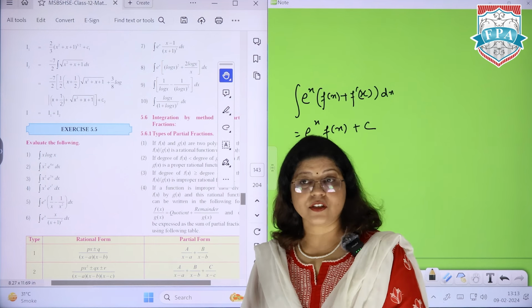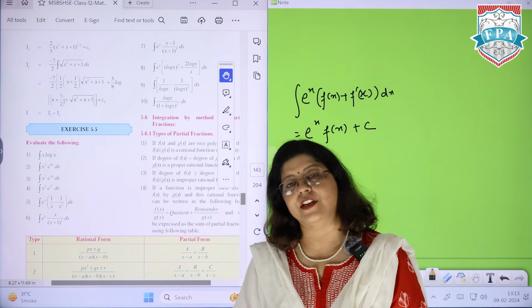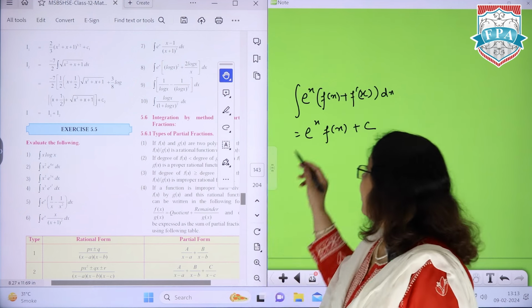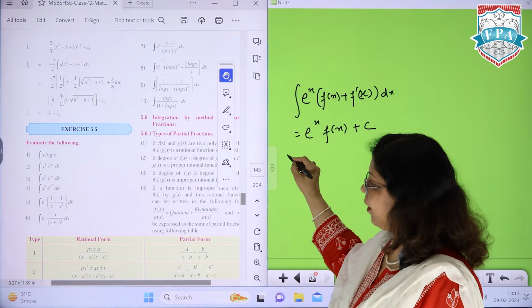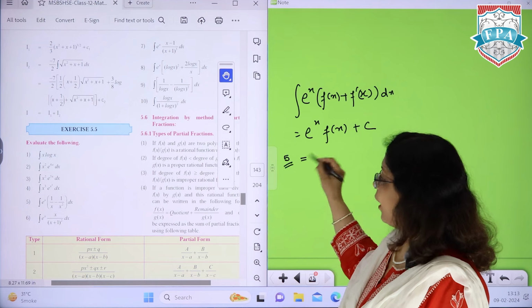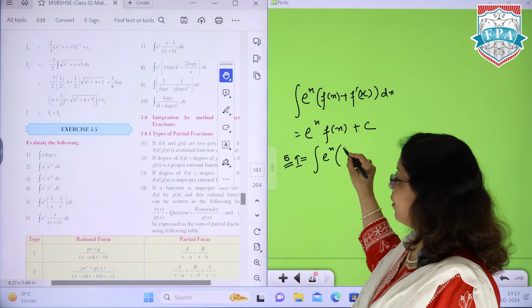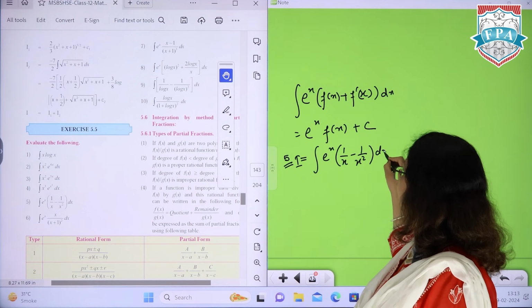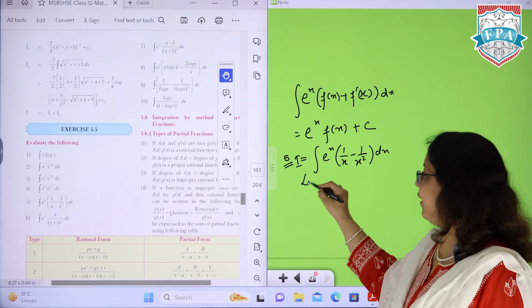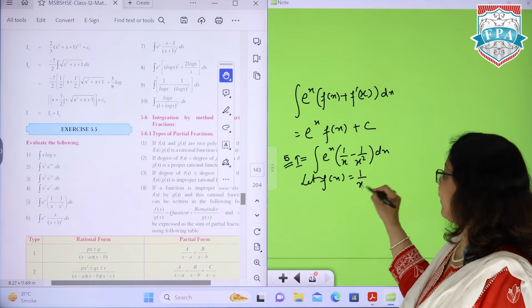So please practice all of them one by one. At the end I'll give a compiled formula list also for you. So this one is, let's say question number 5 over here. I is equal to integral e to the power x 1 by x minus 1 by x square dx. Please write specifically let fx is equal to 1 by x.